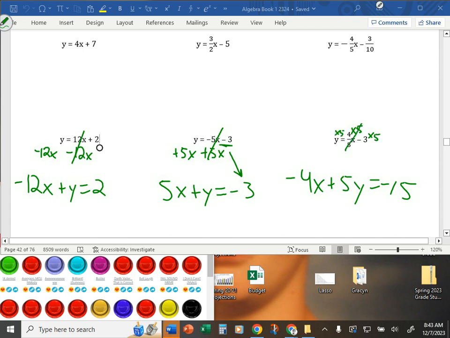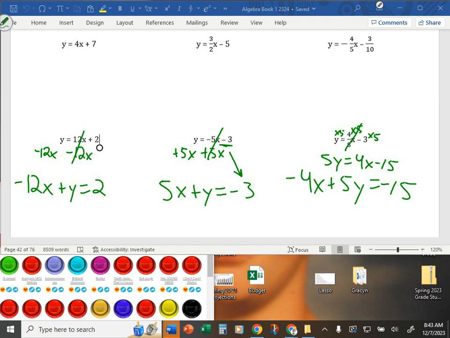That cancels those 5's out, leaving you with 4x. So now your equation reads 5y equals 4x minus 15. And then Emmett's second step was to move that 4x over using opposite operations, subtracting it, and that's where you get the -4x on the left plus 5y equals -15. Success? Feeling good?